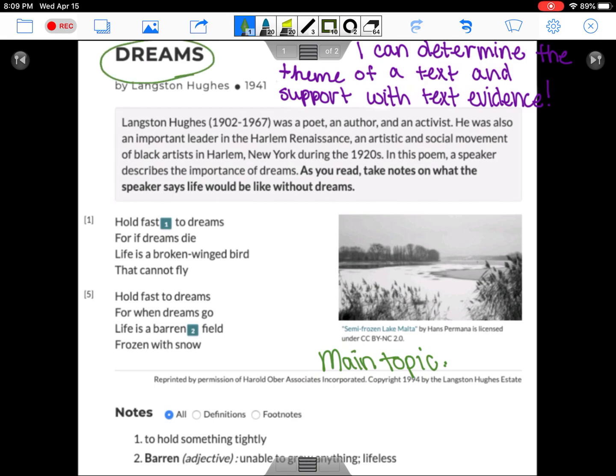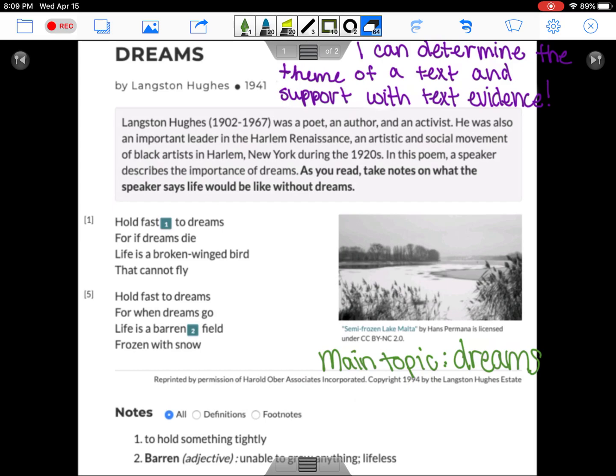I'm hoping that you are right there with me in thinking that the topic of this poem is probably dreams. The speaker in this poem is definitely focused on dreams right now. That's the big thing they want to talk about, the main topic.